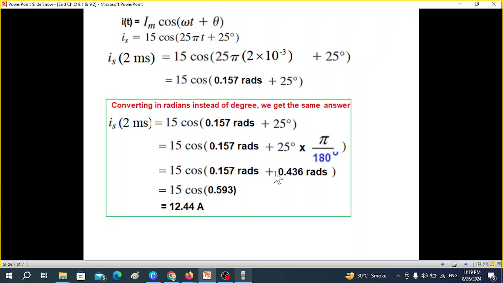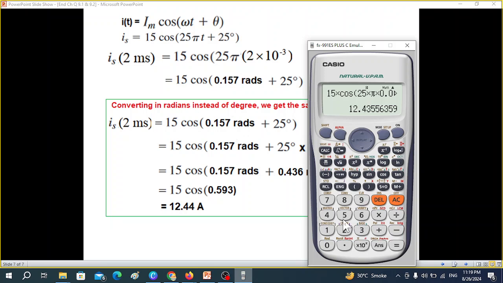And by solving, you get the same answer. So now the calculator you have to move into the radians. So clear, shift, mode, 4 for radians.